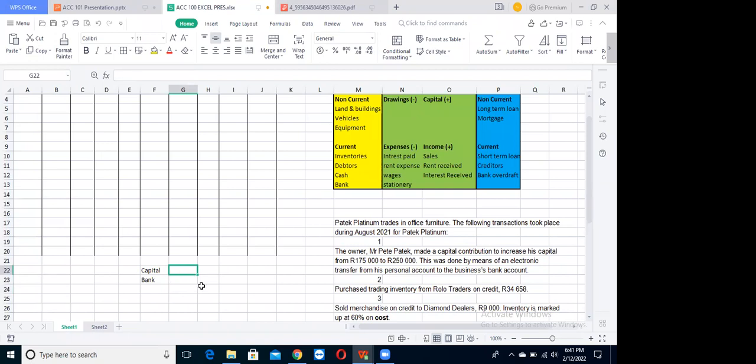And we've said that we create the giver as a credit, so capital is credited, and the bank is receiving, so we debit it. Once we identify that, we want to know the amount that we are going to debit and the amount that we are going to credit.